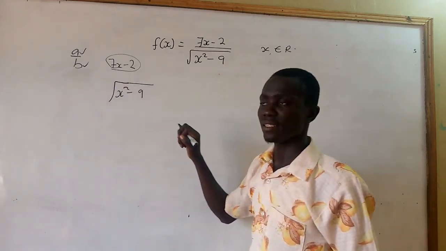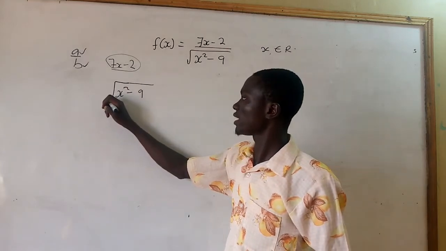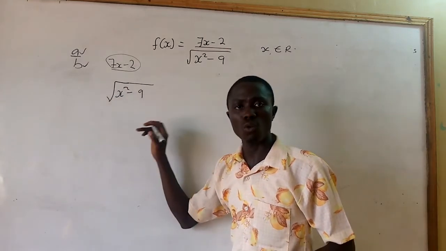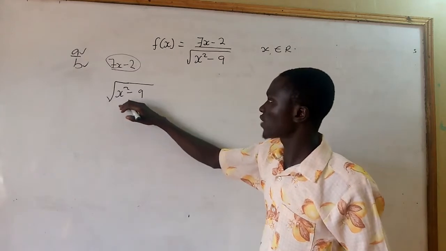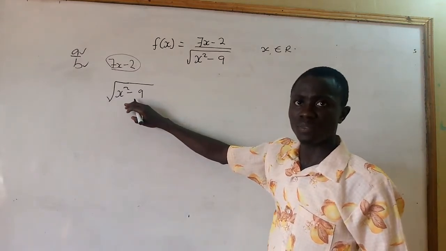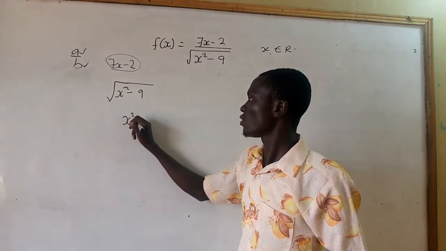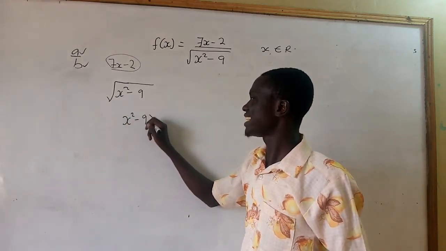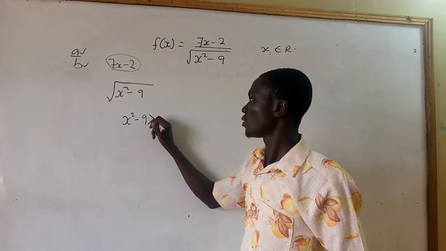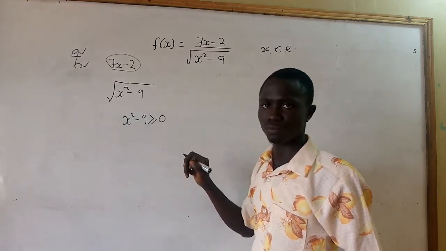We know that square root of negative numbers are called complex numbers. So this function is defined if and only if x squared minus 9 is greater than or equal to 0.